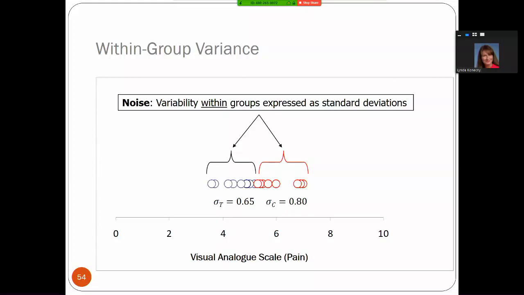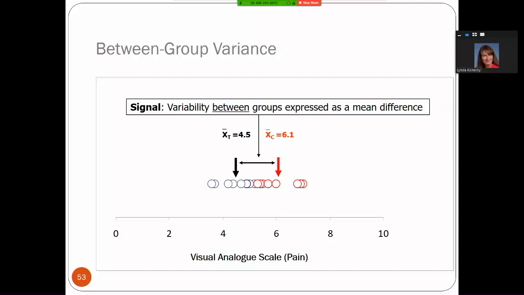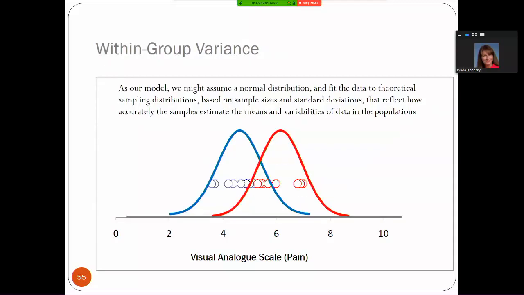So what we want to do is compare signal to noise. And the way we do that is based upon the sample size and the standard deviation. We're able to model the data and guess at an optimal distribution from which these data came, based only on the standard deviation and the sample size.